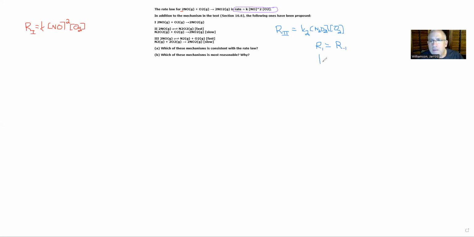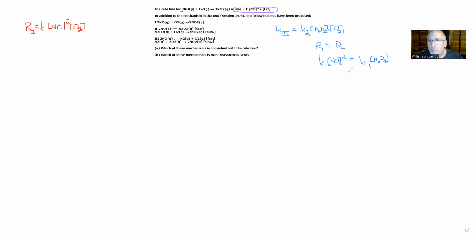So I can write k1, I'm talking about the first step, not mechanism one here, times [NO] squared is equal to k backwards times [N2O2].